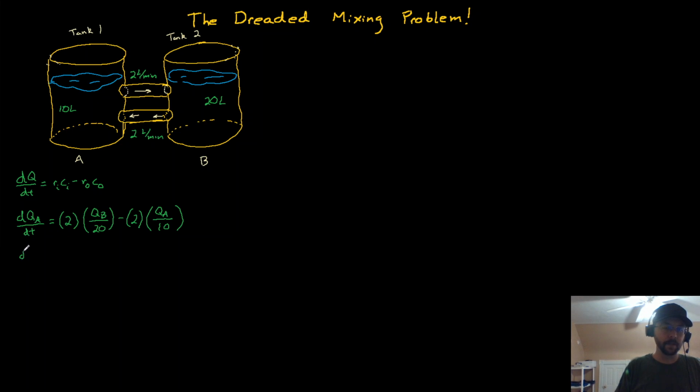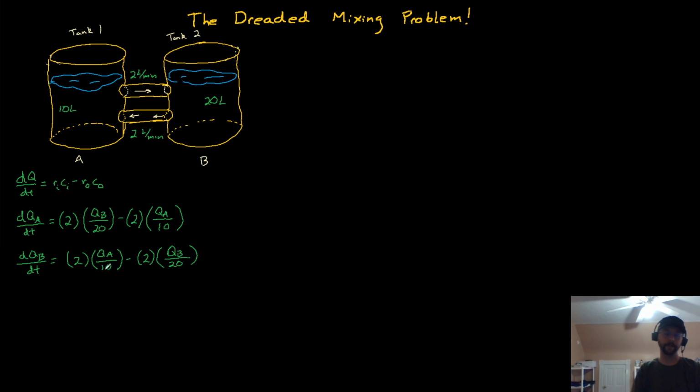So rate of change, quantity in B with respect to time equals 2. This is the in going into B. It's coming from A. So quantity in A as a function of time per 10 liters minus 2 times the quantity in B per 20 liters.